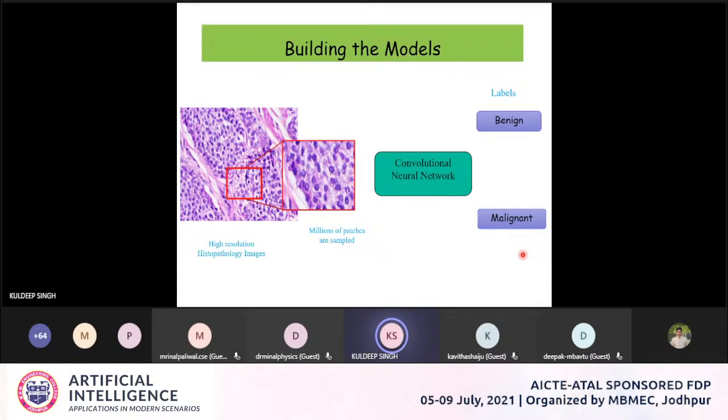So the idea is we can sample patches from this complete image and consider each patch as a new image and provide this as an input to the model, maybe the convolutional neural network. So basically we are assigning the labels to these patches instead of the complete image, and we are treating these patches as newer images. So that is also possible. Instead of giving a very high resolution image as an input, we can sample patches.